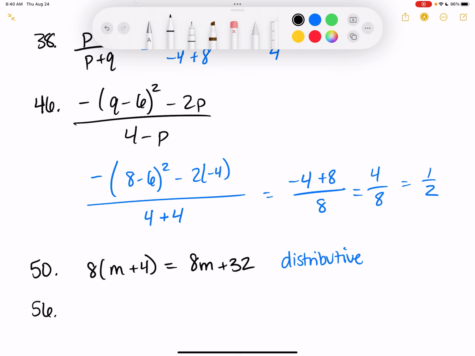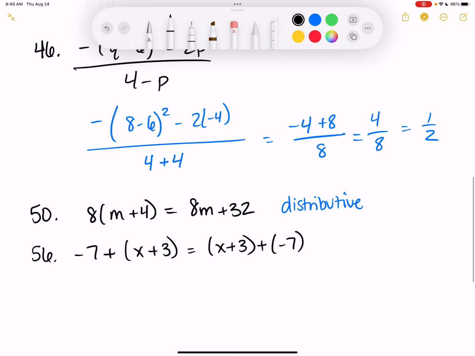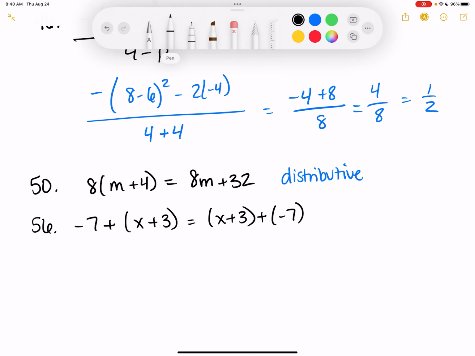56. Got -7 plus parentheses x plus 3 is equal to x plus 3 plus parentheses -7. Any idea what property this one is?